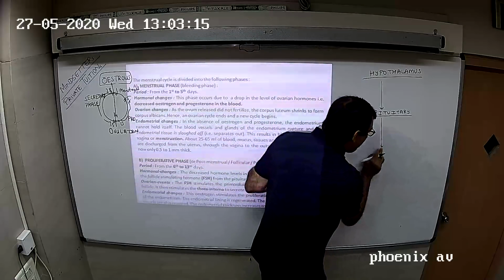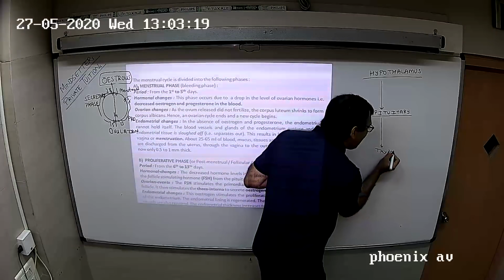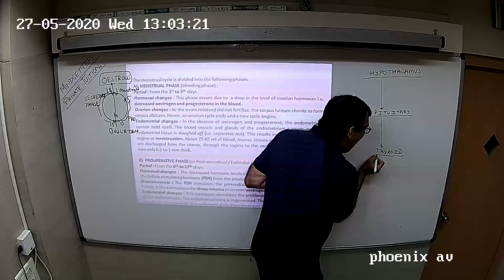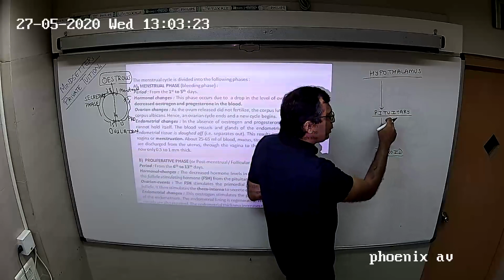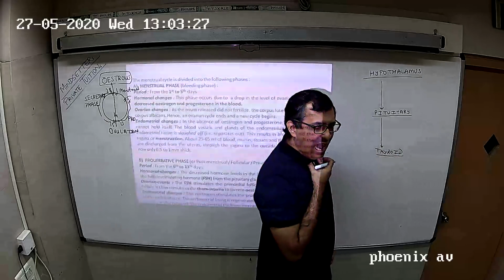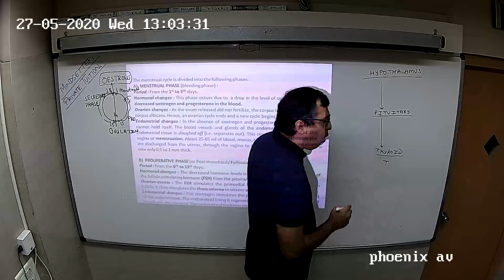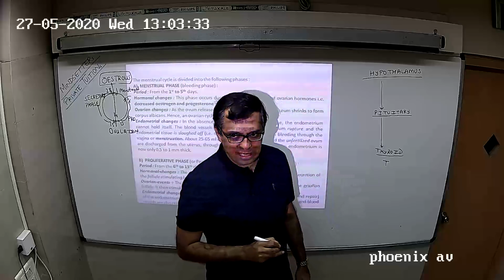Say for example, it controls the thyroid gland. So hypothalamus controls pituitary gland, which controls the thyroid gland, and the thyroid gland gives out the hormone called thyroxine.